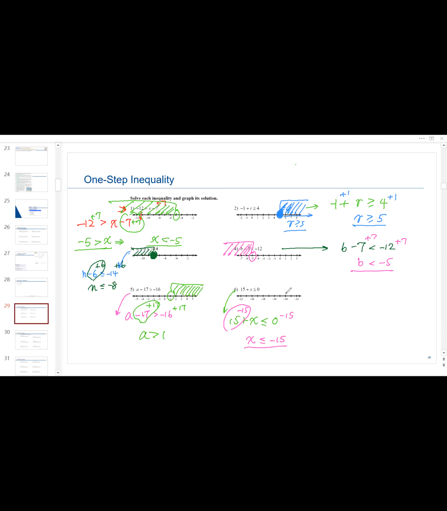So we find negative 15 right here, right? Less than means the left part, including this, make this filled. So it's clear. Right? It's easy. Okay, let's see more examples. This is just one step. You can get the solution and graph it.